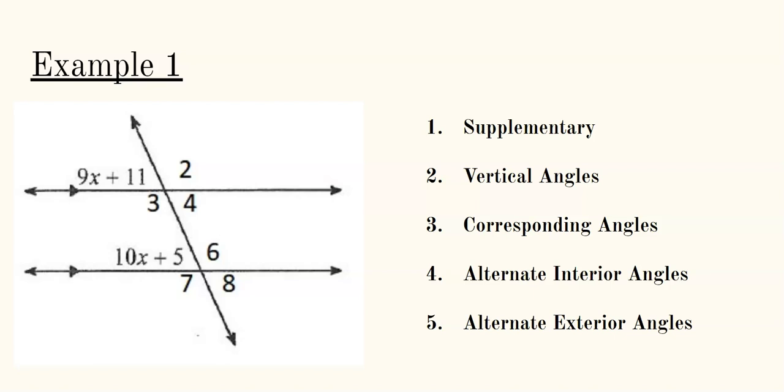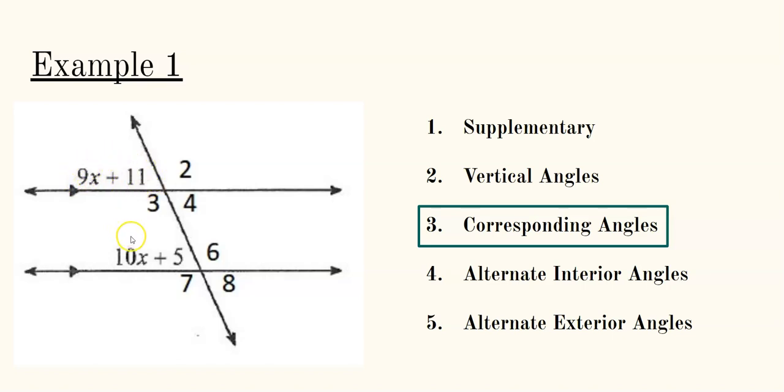Number 3 is corresponding angles, which says that if we cut up the transversal right here and take all of these 4 angles and layer them on top of the first line, then they will be equal to each other. So yes, this definition is definitely what we're going to use, because 9x plus 11 is equal to 10x plus 5, since if I layer this on top of it, they're going to be corresponding to each other.